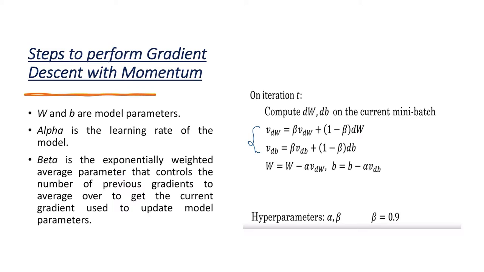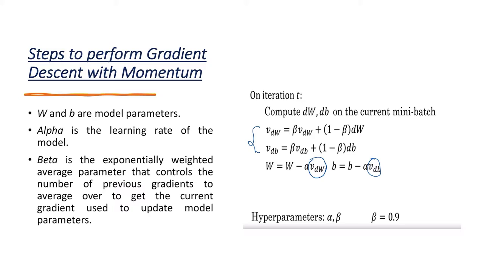These two variables here, VdW and Vdb, are trying to accumulate the average of the previous gradients, and this form of accumulation is called the exponentially weighted moving average. So VdW will hold the average of, let's say, the previous three gradients, and then we use this VdW to update our model parameter, which is the same as deciding which direction we should move from our current position on that contour plot.